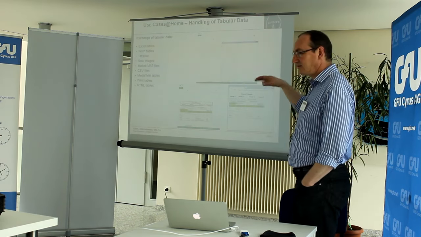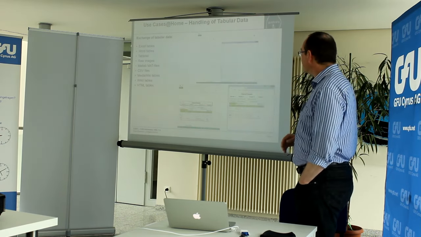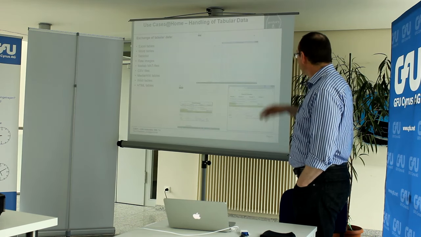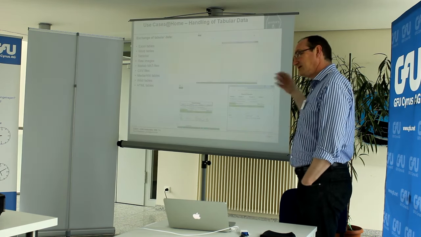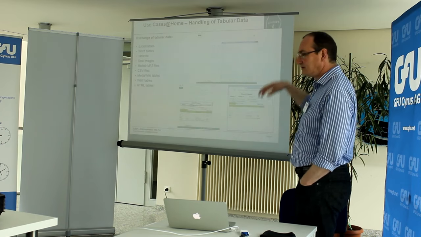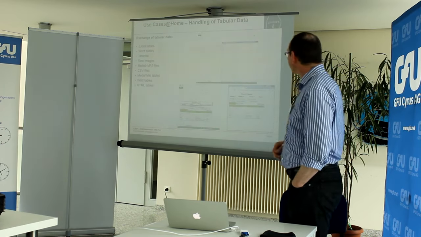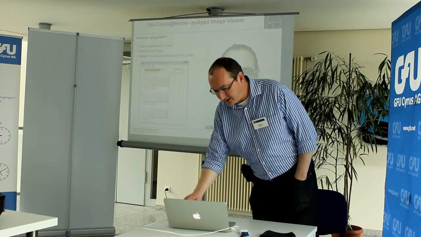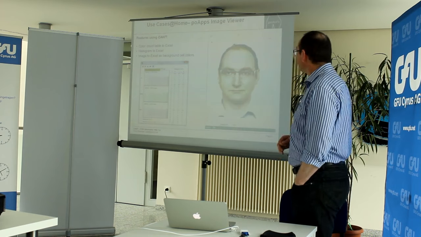Most of these tables you can convert from one to the other and put them into Excel or get them out of Excel and write out as a HTML table or a wiki table and stuff like this. So that's one of the usages of the handling of tables.